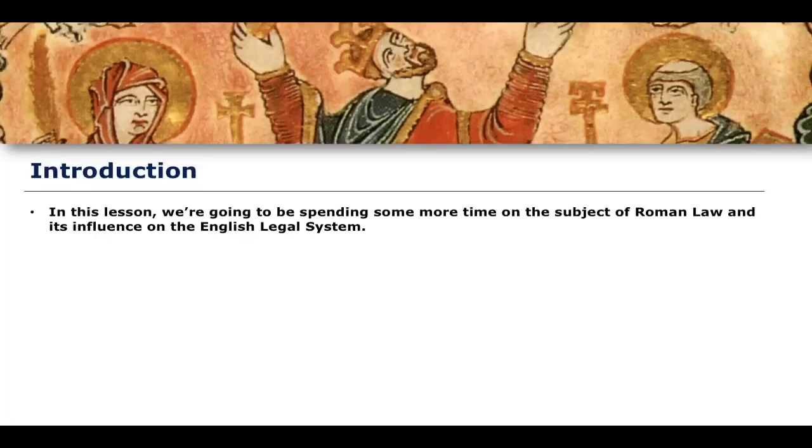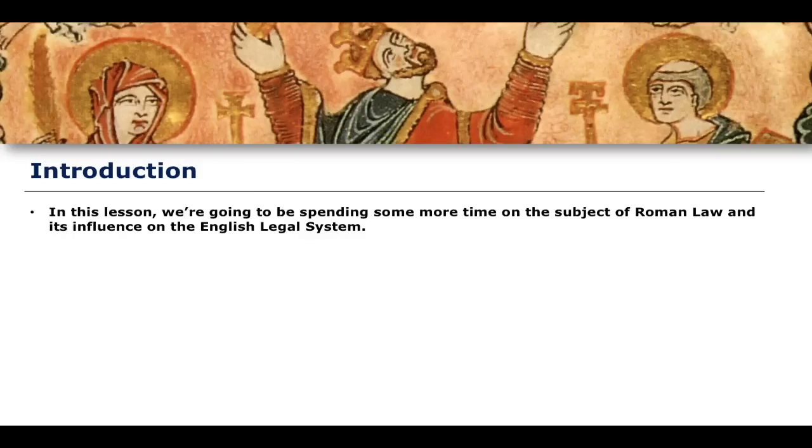We'll spend some more time looking at the Roman law and the influence that it has on the English legal system, bearing in mind that when we are talking about the development of the common law, we're only really going to be seeing this start to take shape when we start looking at the post-Norman conquest, and at Henry II, for example. So the Anglo-Saxon system and the Roman law system provide something of a precursor to the ways in which legal systems start to develop.